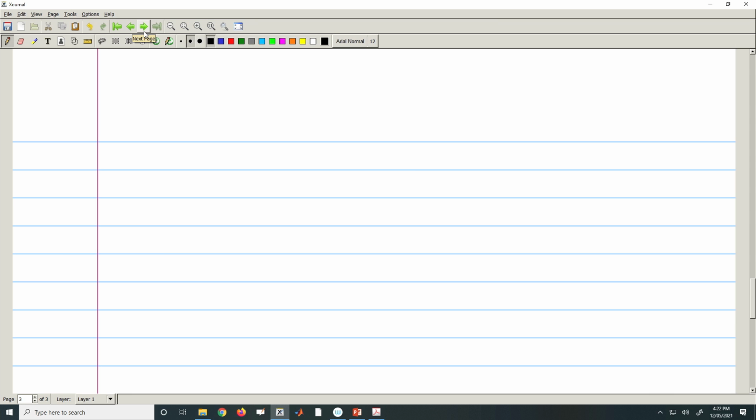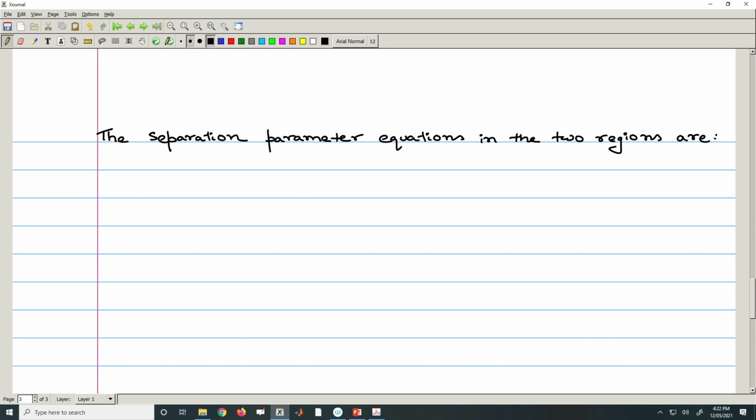So, the separation parameter equations in the two regions can be written down as follows.